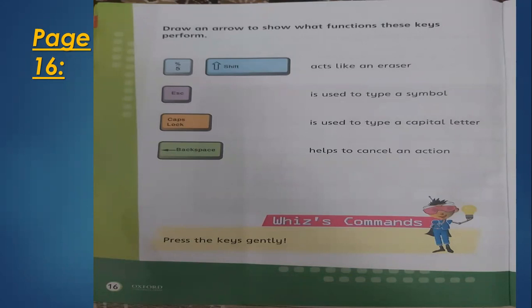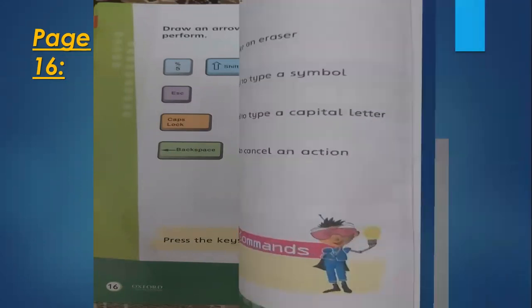And I have clearly told you about the function of all of these keys. So it is very easy for you now to draw an arrow from these keys toward their function. Okay, this is your first task.